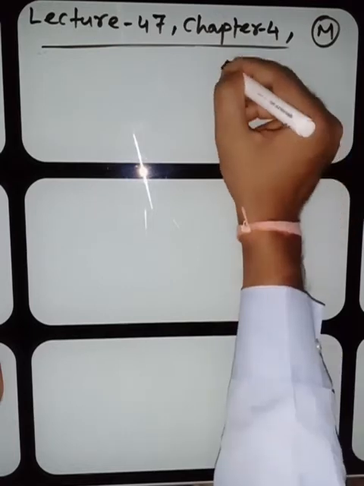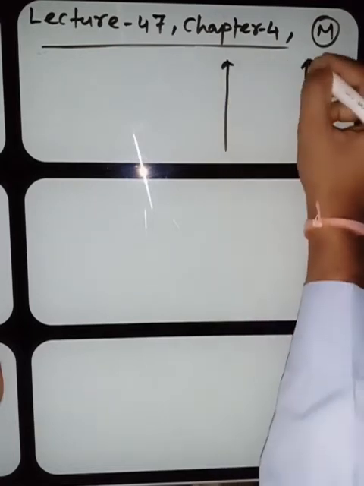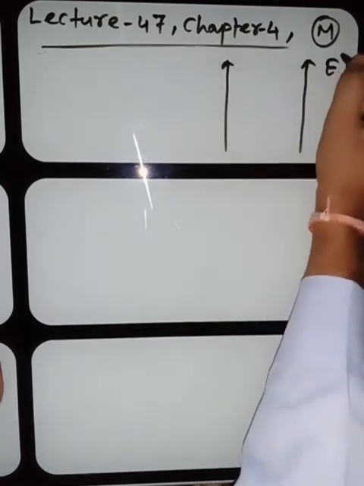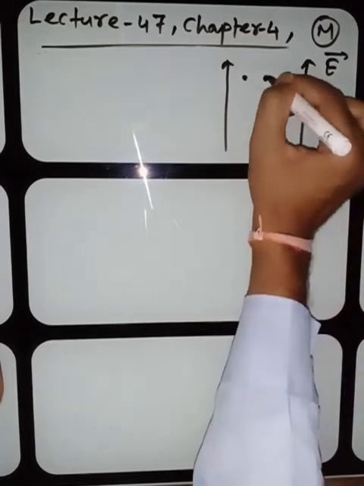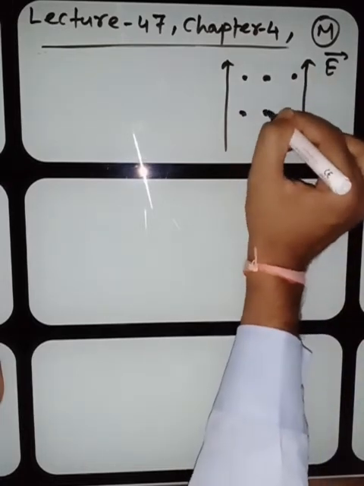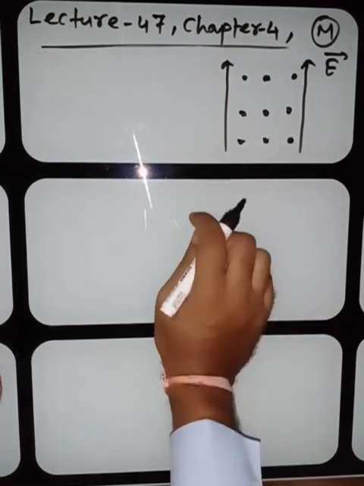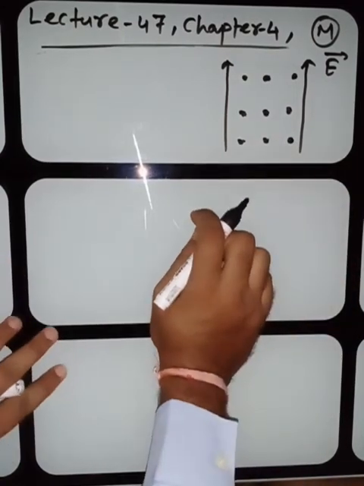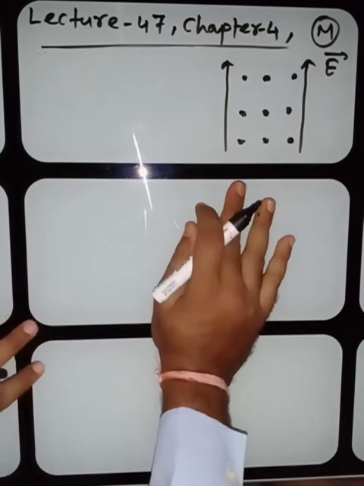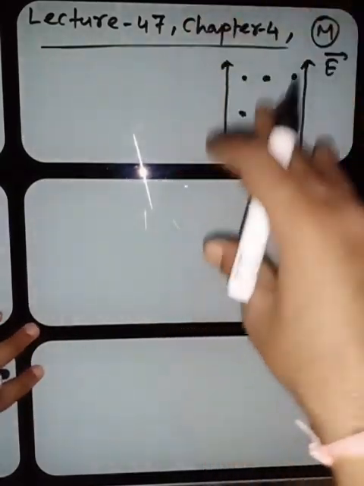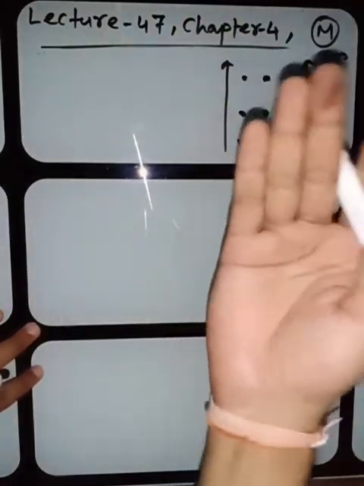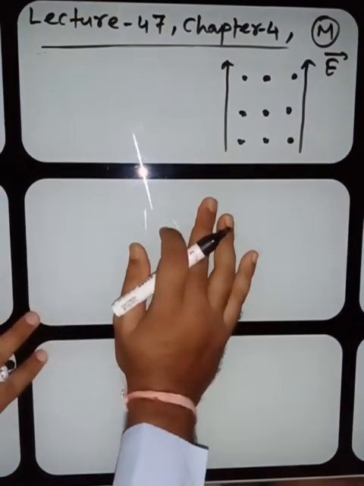Suppose this is the electric field E and this is the magnetic field. It is very clear that the electric field and magnetic field are perpendicular to each other. The electric field is in the upward direction, and the magnetic field is in the outward perpendicular direction.